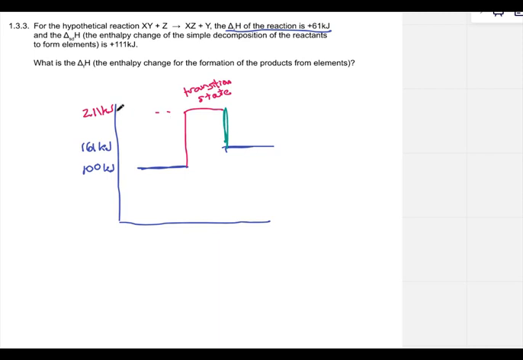Well, we're starting at 211. We're dropping down to 161, so this distance must be 50 kilojoules. It cost 111 to tear everything apart. We get 50 back as we reassemble the pieces.